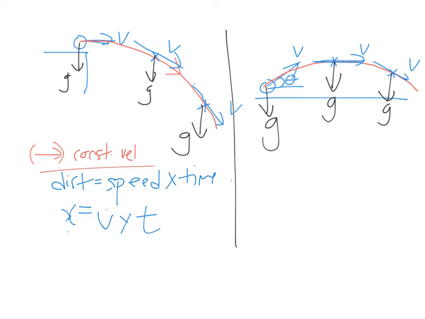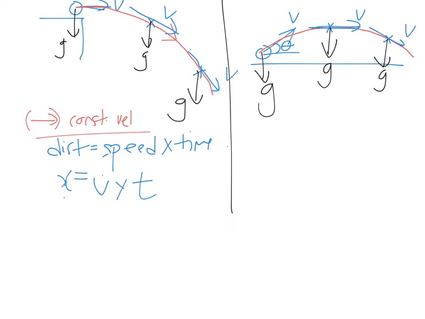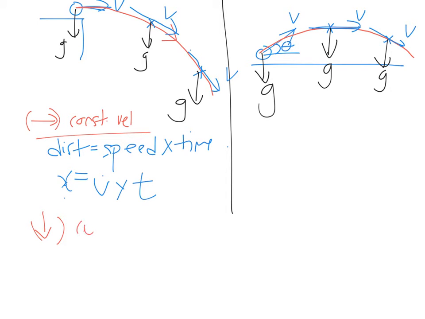Now, if you are solving vertically, which direction should we take as positive? Downwards. So if you take downwards as positive, then it will be constant acceleration, and constant acceleration means we can use any of the kinematics equations.